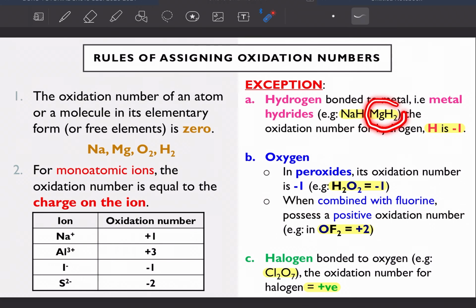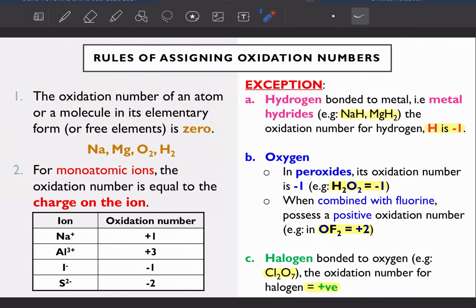Macam ini Mg, you know Mg is Mg2+. Okay, so H tu dia akan jadi H-. So you have 2H-. Okay, so in this case, when your hydrogen is bonded to any metal, it will have oxidation number of -1.